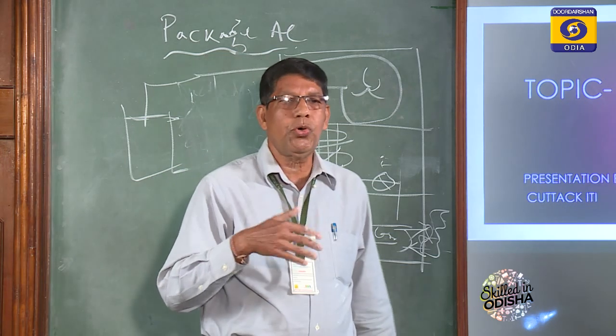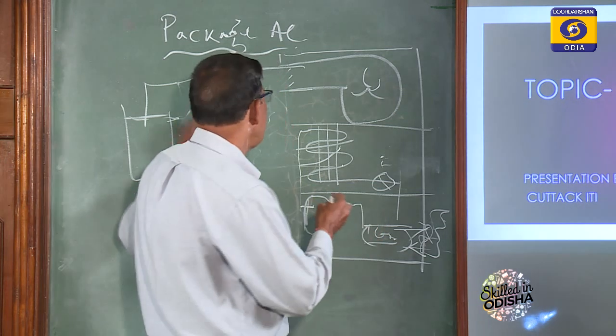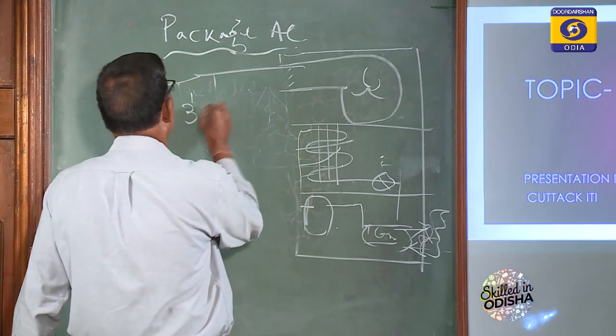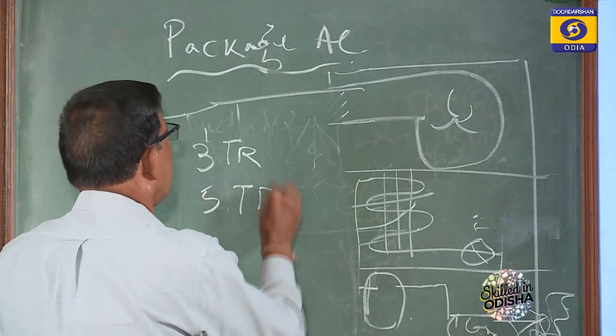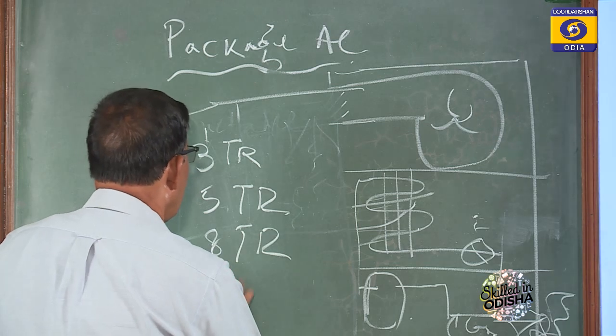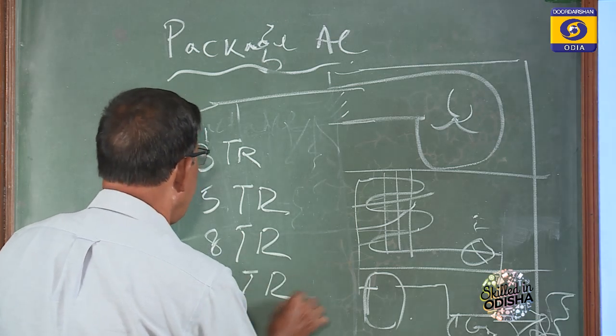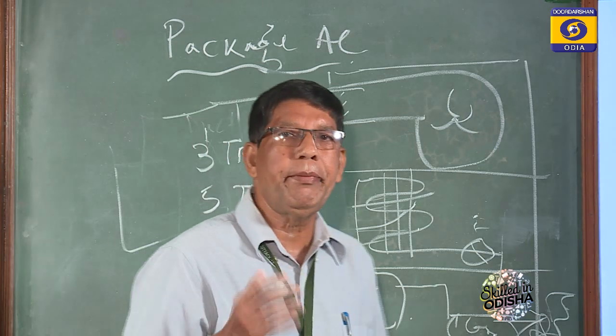There are many capacities of package AC: 3 tons of refrigeration, 5 tons, 8 tons, 10 tons, and 15 tons, from 3 tons up to 15 tons.